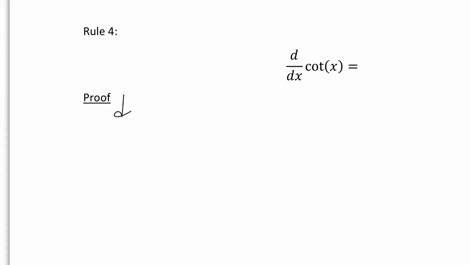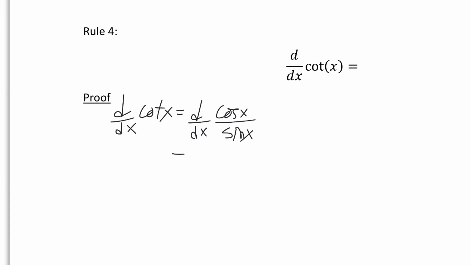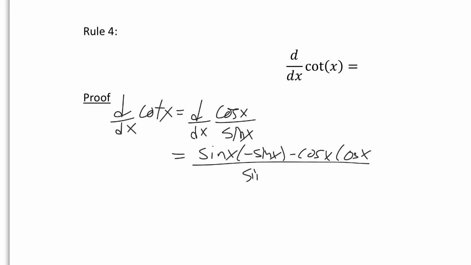All right, assuming you gave it a try, we do the derivative of cotan x as the derivative of cos x over sine x. Well, low d high less high d low, so sine x times negative sine x, minus cos x times cos x, over sine x all squared.